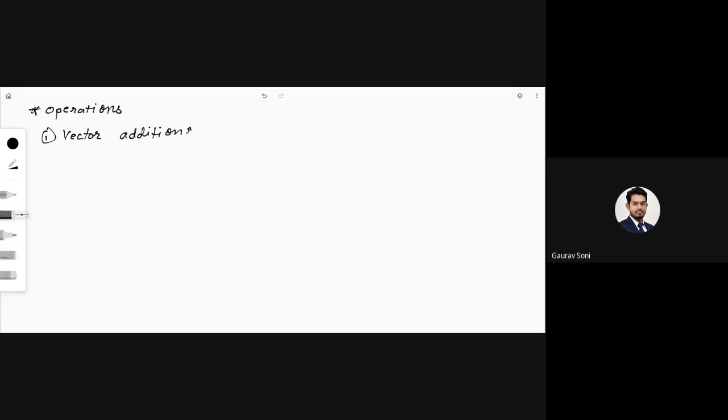I'll simply take two vectors and I'll tell you how to add them. That's it. Don't get into the triangle law, parallelogram law, and everything. That is all we will see right now.